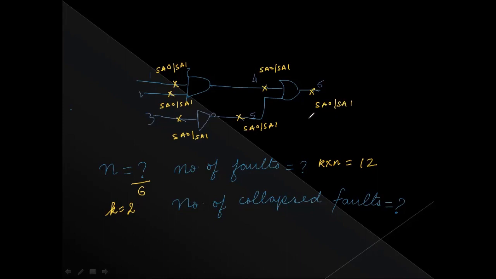Okay. So how are we achieving this equivalence? Try to do it. I'll do it side by side. You should also be doing this. So this is the AND gate, and for the AND gate we know that these are equivalent.